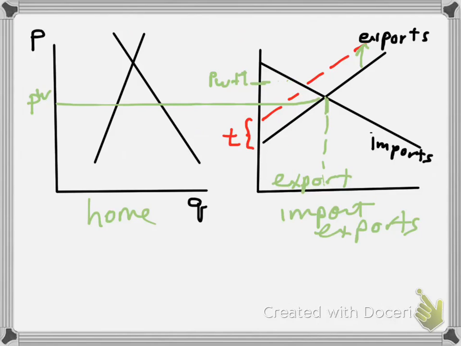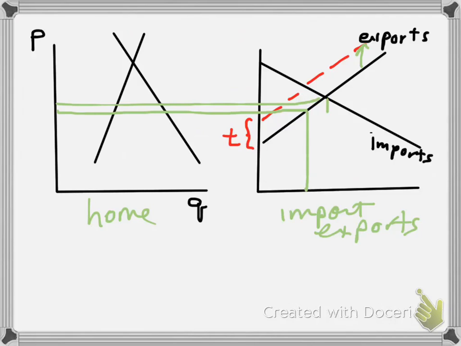So now we have to ask ourselves, well, how much does it fall by? Let's imagine that it first falls just by a little bit. So the world price falls by that much. So now export supply is this much.